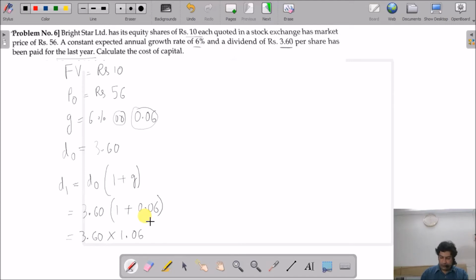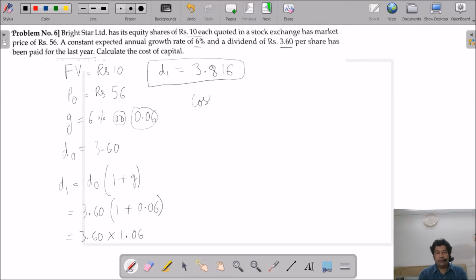So 3.60 into 1.06 is going to give me 3.816. This is our answer. This is nothing but D1.